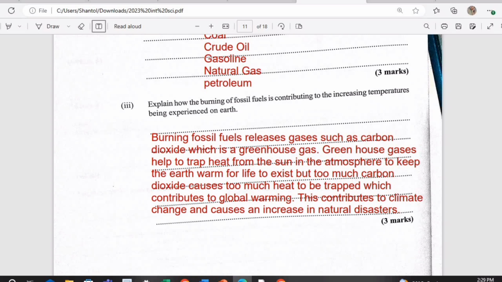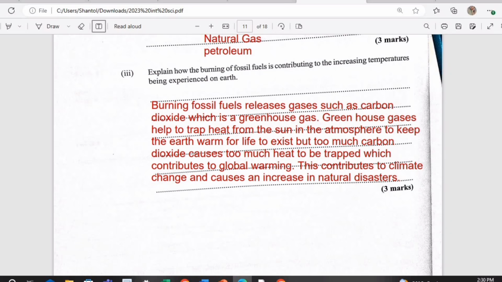But too much carbon dioxide causes too much heat to be trapped, which contributes to global warming. This contributes to climate change and causes an increase in natural disasters. So the fact that when you burn fossil fuels, you get carbon dioxide, which traps heat, is negative. If we release too much, then we're going to be trapping more heat than we need, and ultimately we will cause that increase in temperature all over the earth.